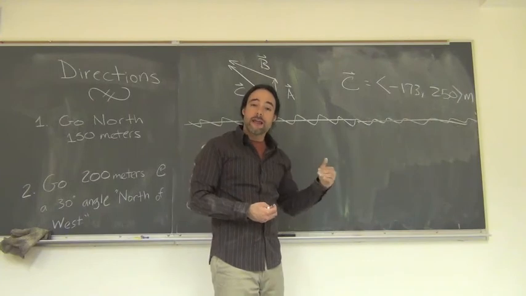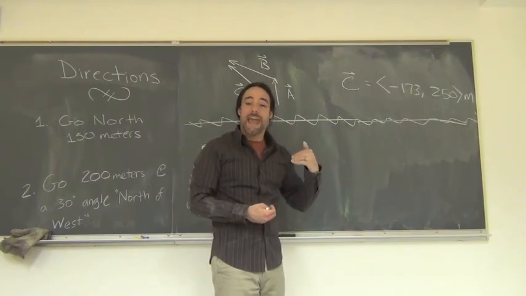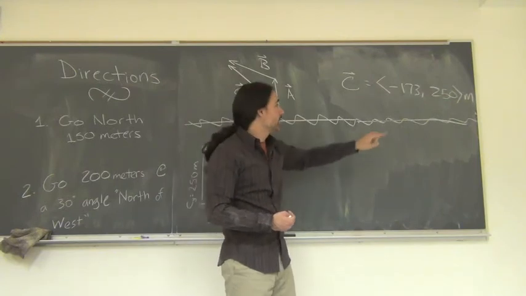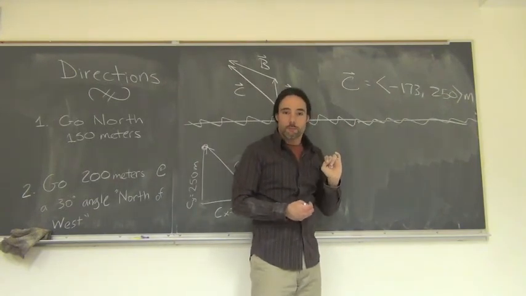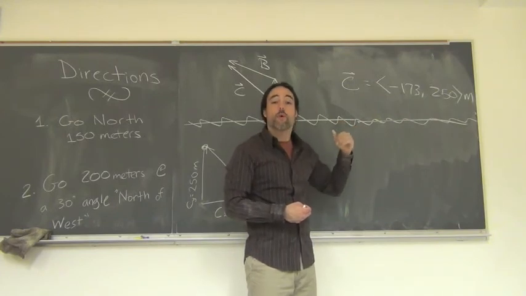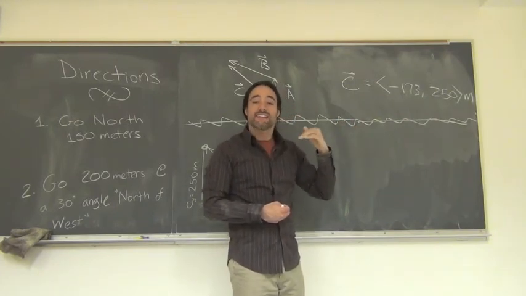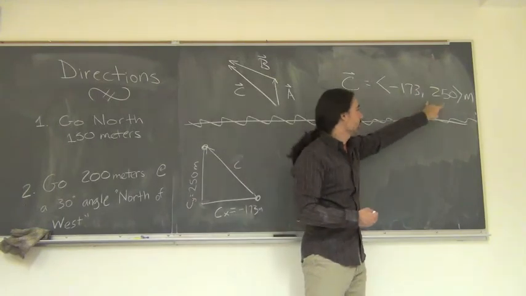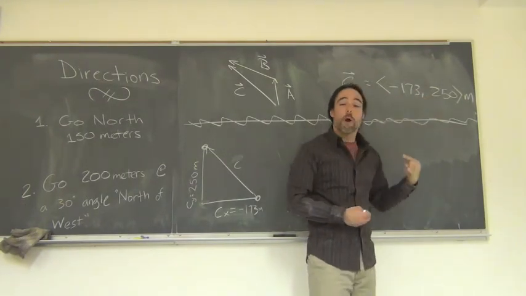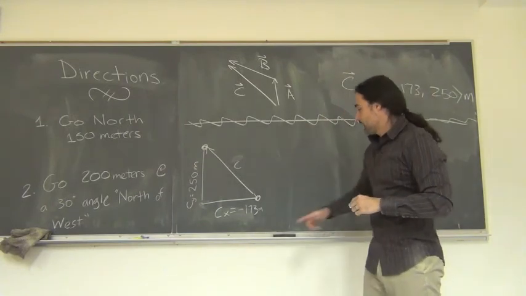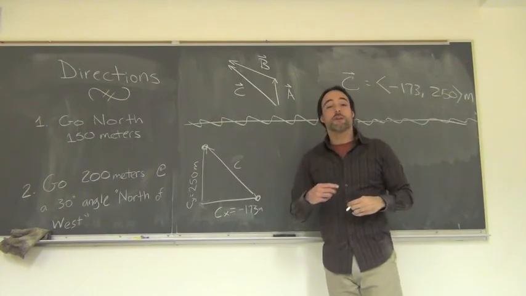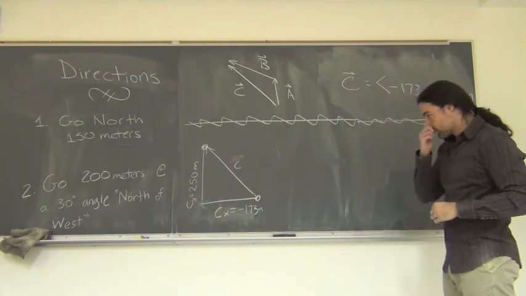So I took the x component of A and added it to the x component of B to get the x component of C, which was minus 173 meters. And I took the y component of A plus the y component of B to get the y component of C, which gave me 250 meters. So that gave me the components of vector C: negative 173 meters in the x direction, 250 meters in the y direction.